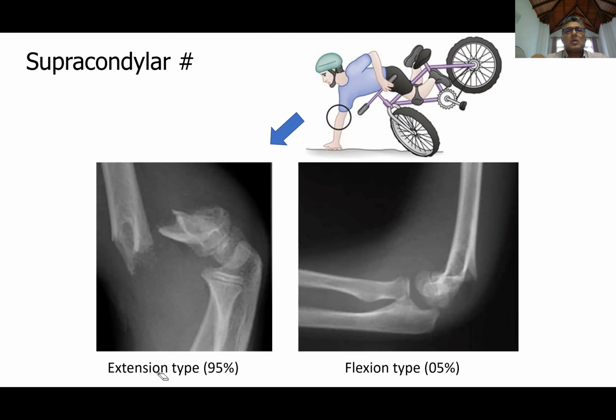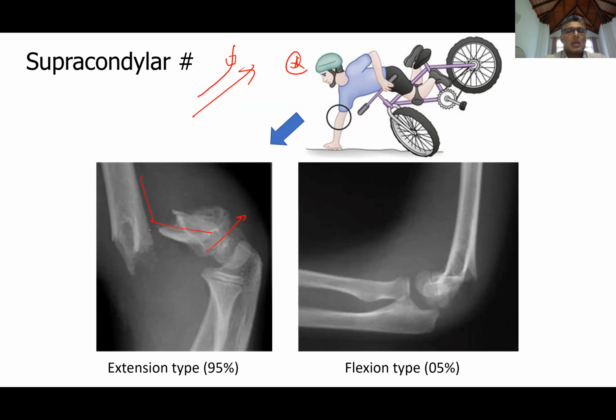That is due to an injury like this, falling on the outstretched hand with the elbow slightly flexed. The force is transmitted like that, and the distal fragment of the humerus that is broken is pushed backwards and angulated backwards. So you can see that it's displaced backwards and angulated backwards.